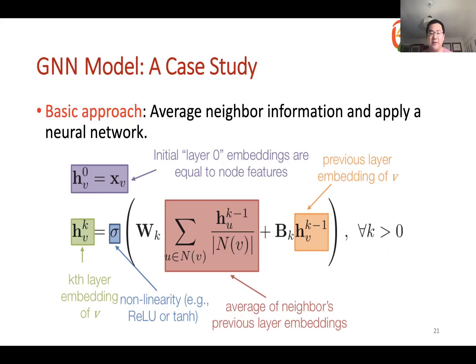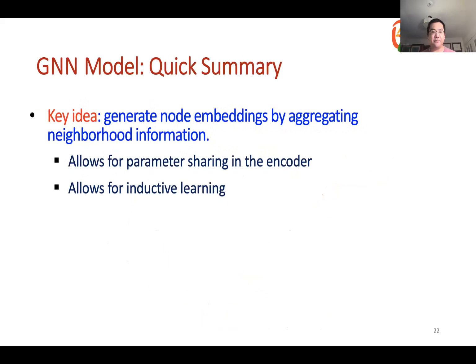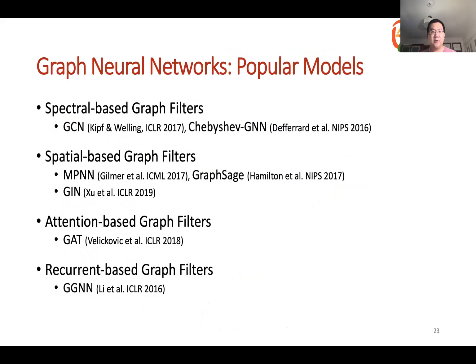Once we have this message, we can fuse this information with the node embedding from the previous layer. And then we can apply another nonlinear function to generate a new node embedding. So as you can see, the key idea here is to generate a node embedding by aggregating neighborhood information. This allows for parameter sharing in the encoder, and at the same time, it also allows for inductive learning.